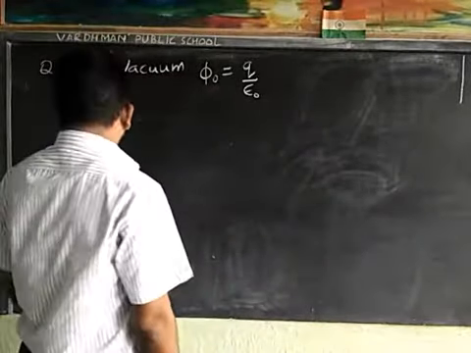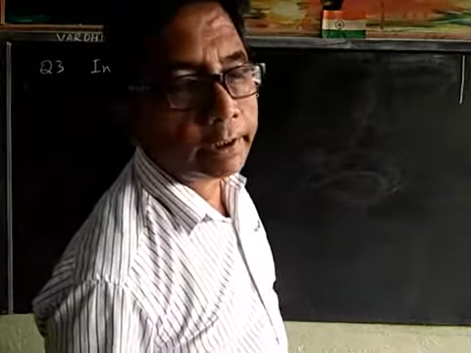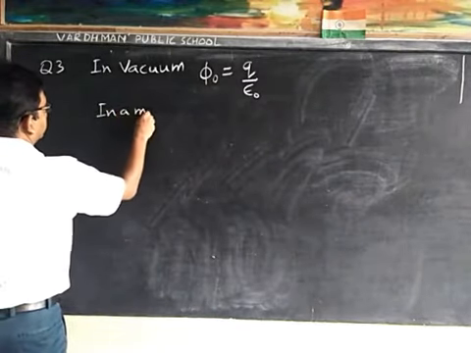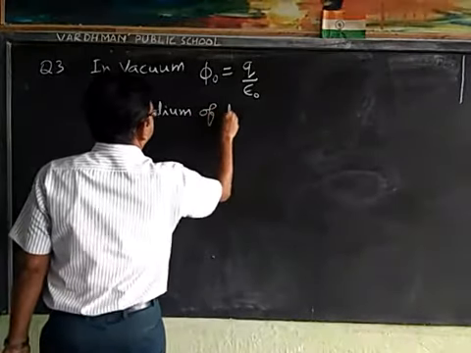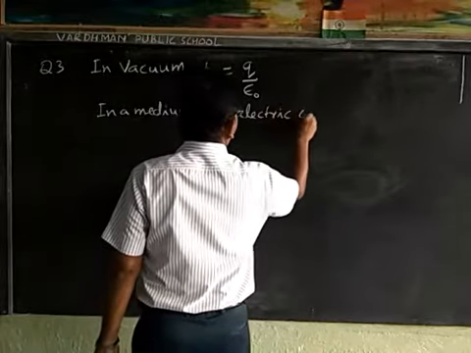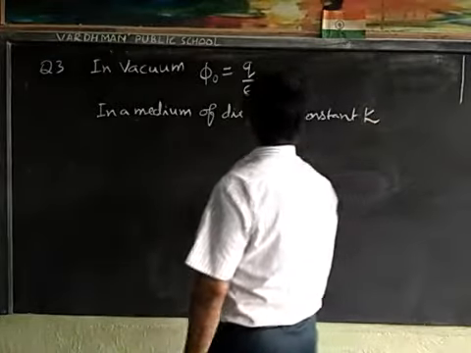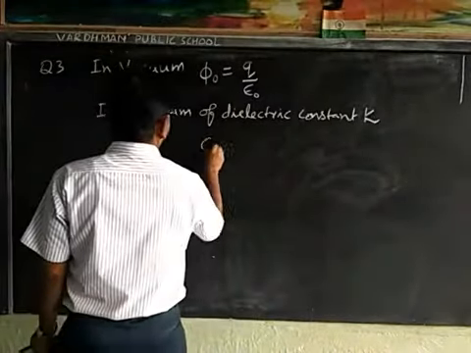Now in a medium of dielectric constant K, phi K is equal to Q upon epsilon 0 K.